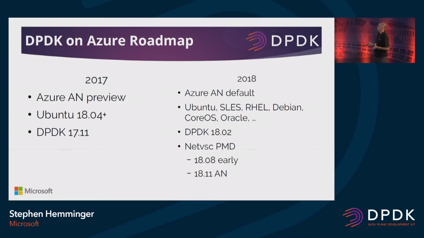It's supported in every distro on the planet pretty much that supports accelerated networking. It needs 18.02, and with the Netvsc PMD, there's an early version in 18.08, and the version that supports accelerated networking I proposed, and it's heading for 18.11.